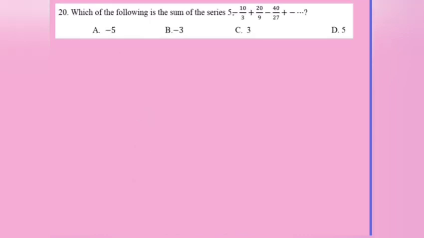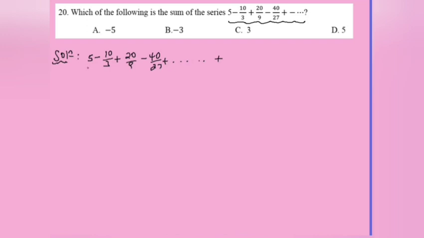Which of the following is the sum of this series? Okay, so here this is an alternating series with minus and plus. So let us see what it looks like. We have 5 minus 10 over 3 plus 20 over 9 minus 40 over 27 plus, minus, plus, and so on.